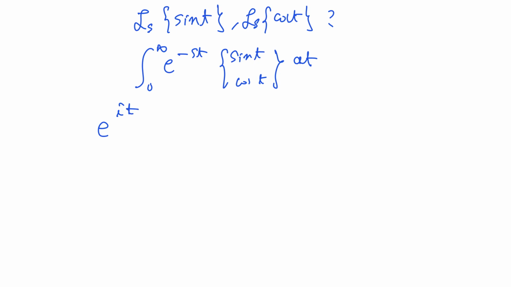Using Euler's formula, we have e to the it equals cosine t plus i sine t. This is Euler's formula.